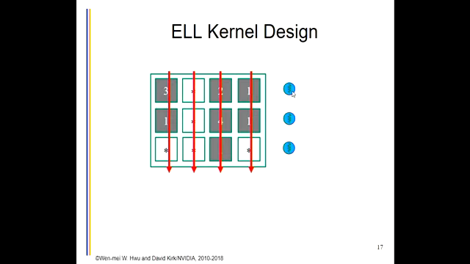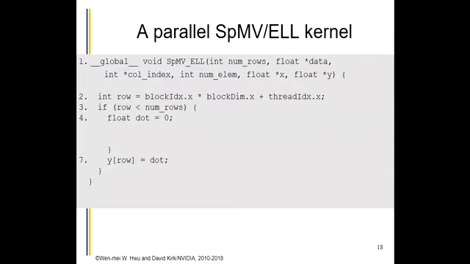So you're going to have coalesced access, coalesced access, coalesced access. The rest of the design is the same as the CSR kernel, so we can write a fairly simple ELL kernel.